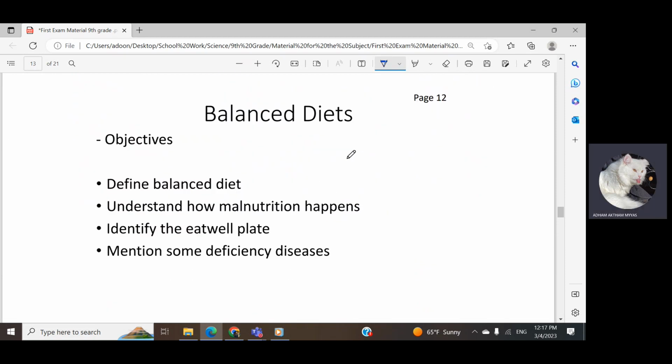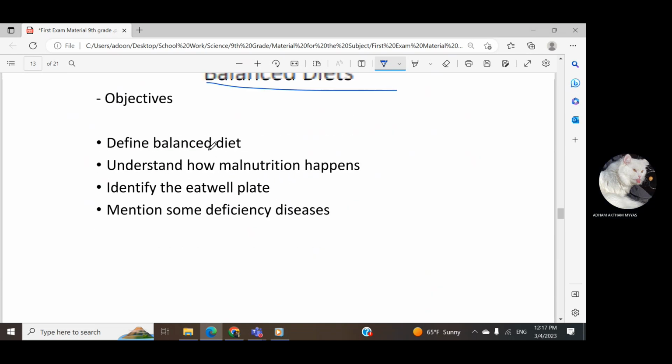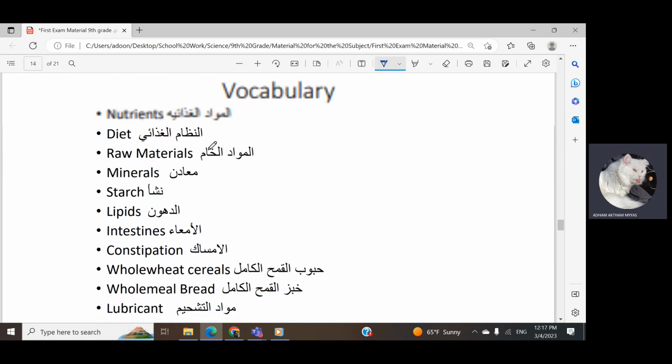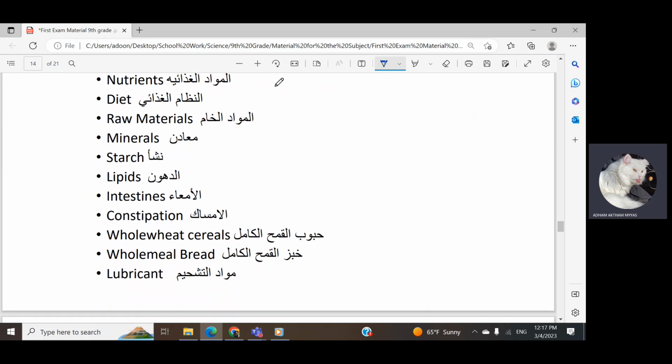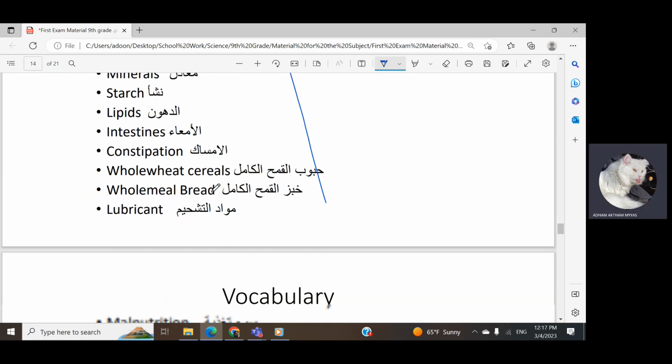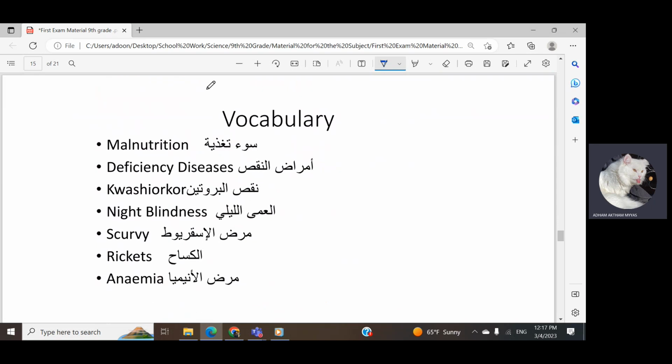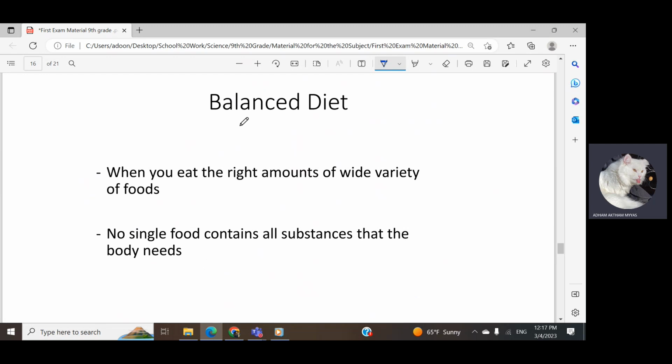Now let's talk about the new lesson, which is balanced diets. This is the vocabulary for the lesson, and you have to focus on them. Also, you have to read the book page, so make this as a note. A balanced diet is when you eat the right amounts of a wide variety of foods.